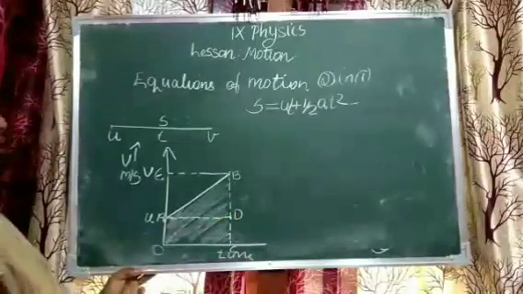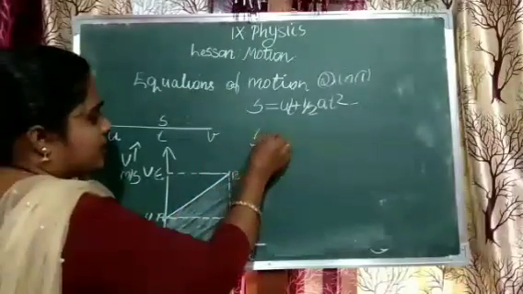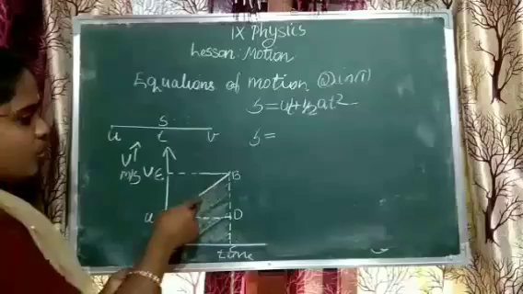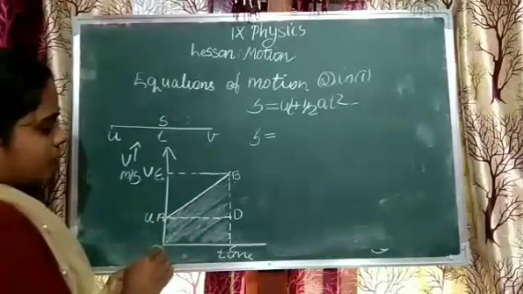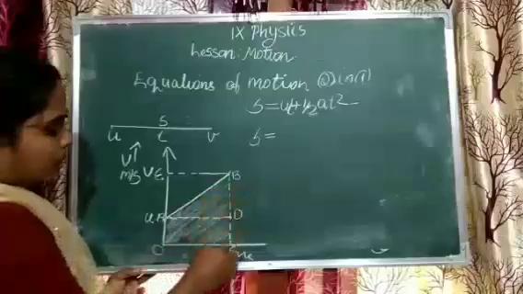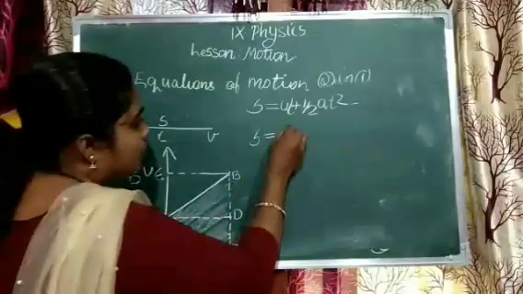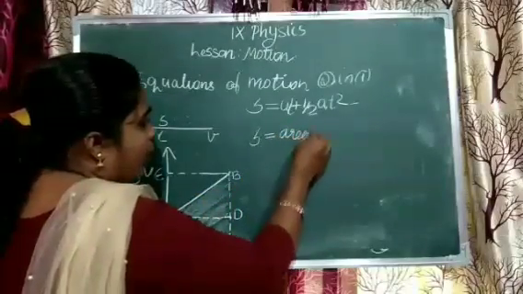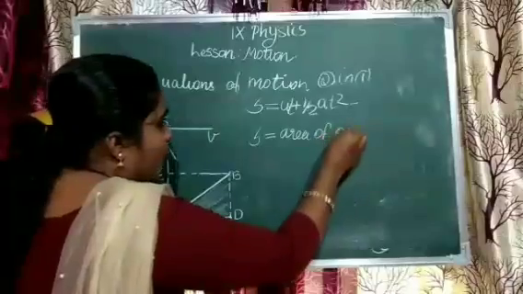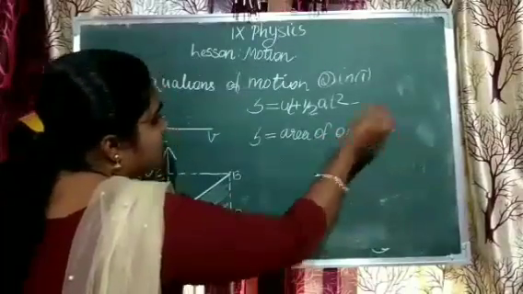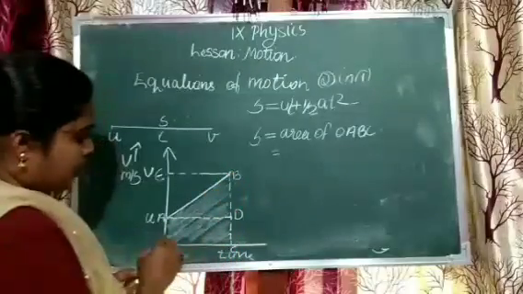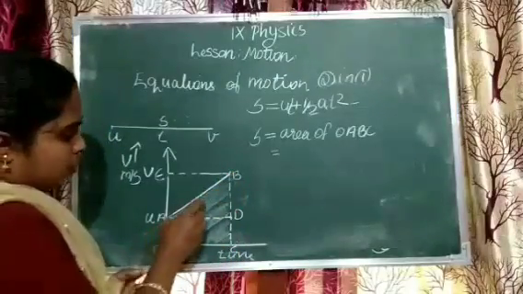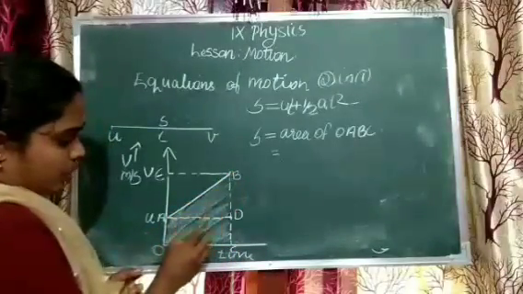So S is equal to the area of the figure OABC. The whole figure we can split into two: one triangle and one rectangle.